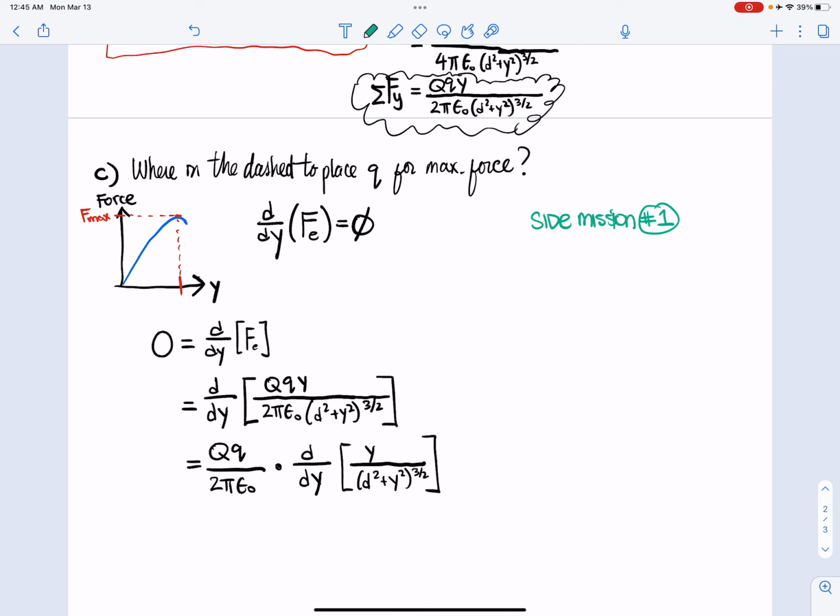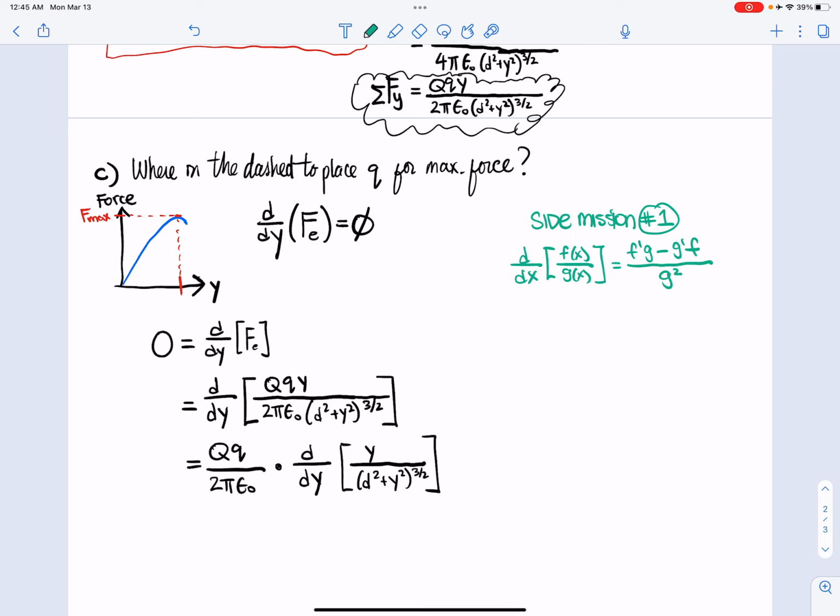I'm going to use the differentiation quotient rule, which is d over dx of function f over function g is equal to f prime times g minus g prime times f, divided by g squared.